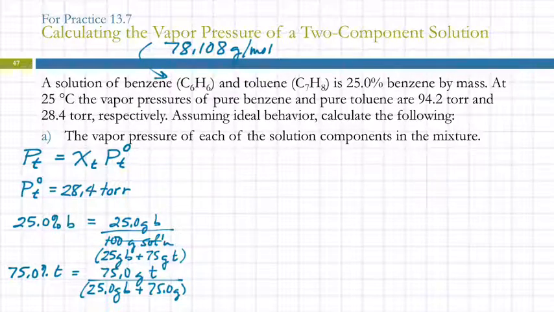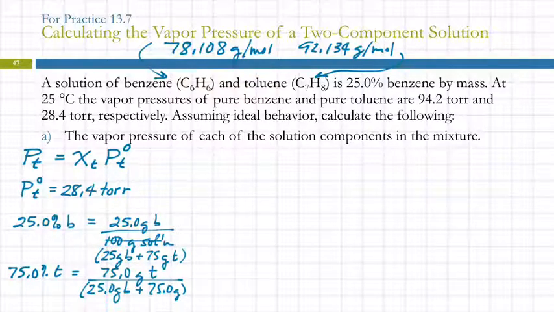And toluene is 7 times 12.01 plus 8 times 1.008, 92.134. Okay? So we've got 25 grams of benzene, we've got 75 grams of toluene. Let's find out what those are in moles.